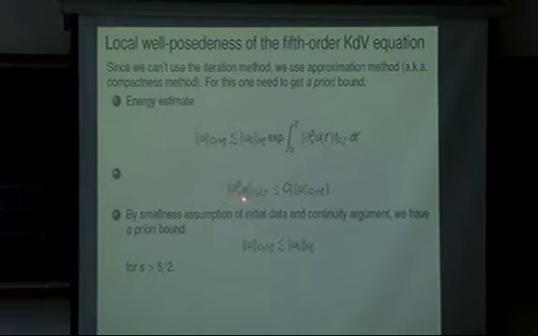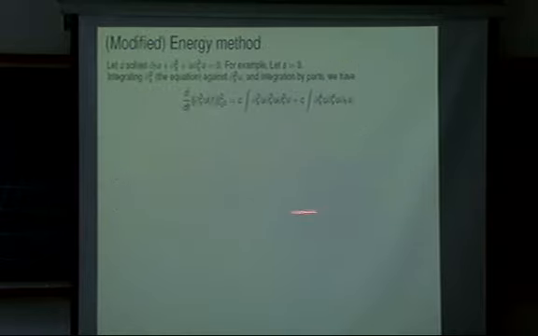So if we plug this estimate into here, and by the assumption of smallness of the initial data, and also by using the continuity argument, we can conclude the a priori bound. Okay? So these are the two pieces, and let me explain the energy method first.